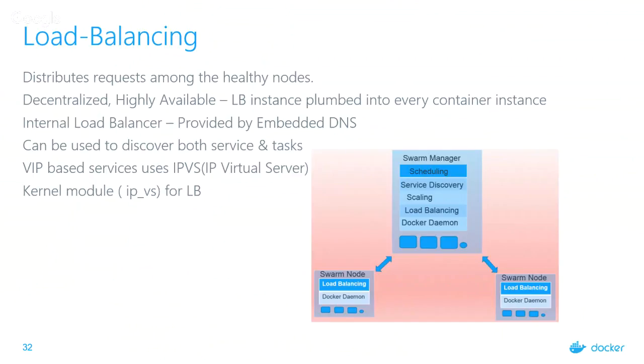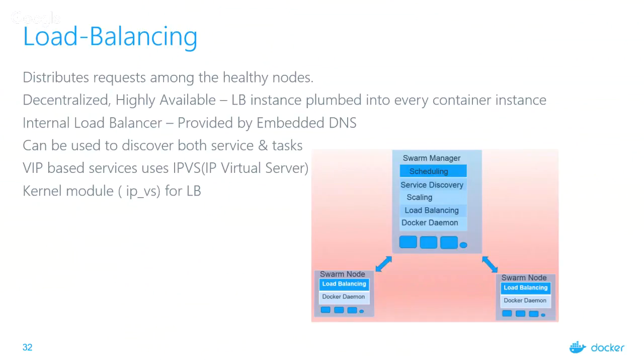If you see in the diagram here, in both the Docker Swarm manager and the worker nodes, you see the load balancing feature displayed. It is provided by the embedded DNS, and it can be used to discover both services and tasks. Since this is for web-based services, it uses IPVS, which is a layer 4 kernel module, for the load balancing.